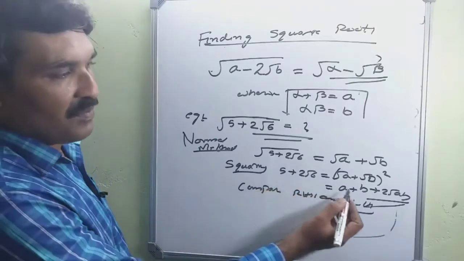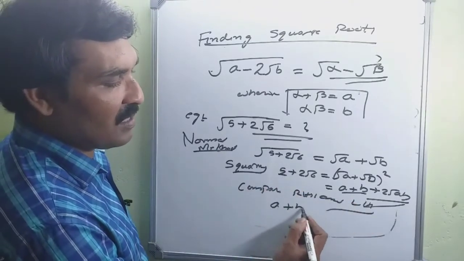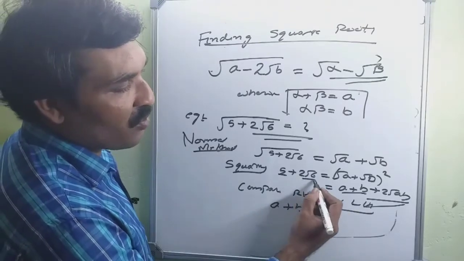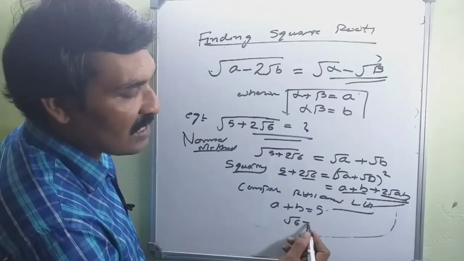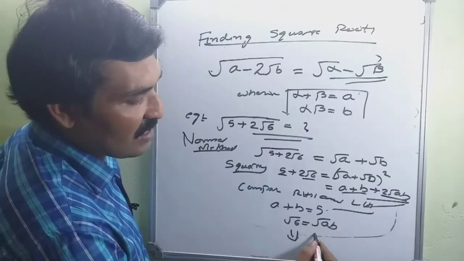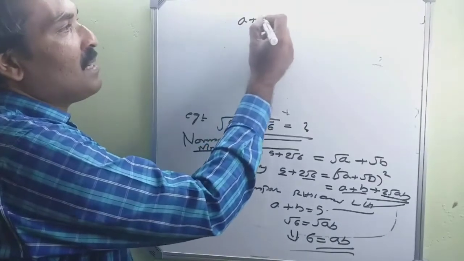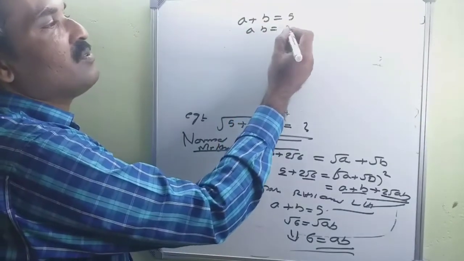You get a plus b is equal to 5, and 2 root 6 is equal to 2 root ab. That means root 6 is equal to root ab. This implies 6 is equal to ab. A plus b is equal to 5 and ab is equal to 6.